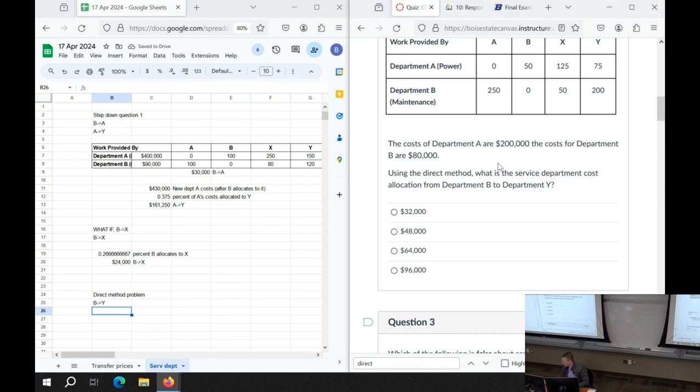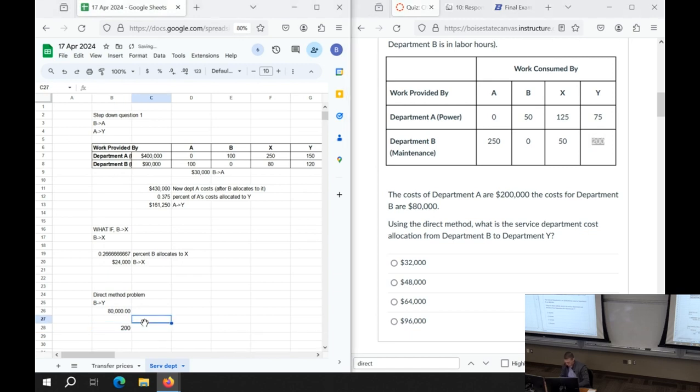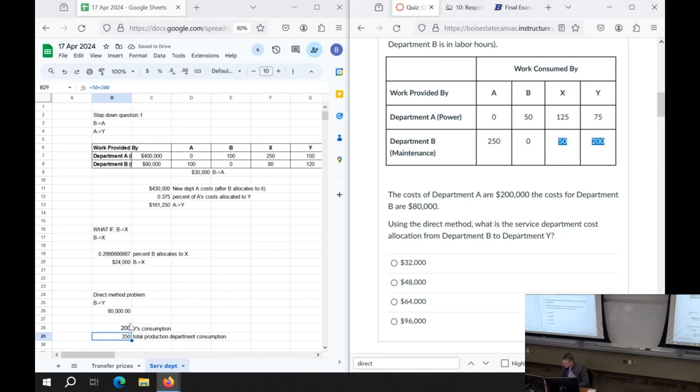All right, using the direct method, we're going to take B's costs, 80,000, and we multiply them by Y's consumption over total production department consumption. Just adding these two together, 250.